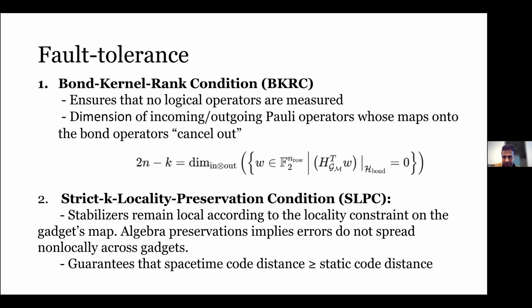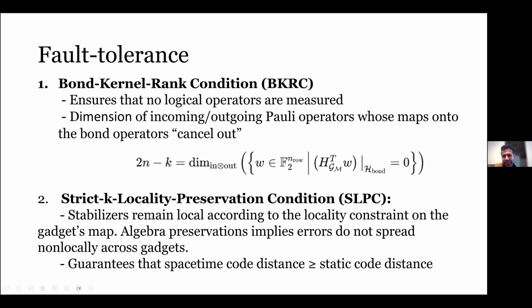And so that's what this condition is showing. And we want to calculate the rank of such Pauli operators that cancel out under their maps onto the bond operators. And we want to say that that's just equal to the total number of incoming and outgoing stabilizers. And if that's true, that means you don't measure any logical operators. So that's our bond kernel rank condition, which we always check for any flow code construction.